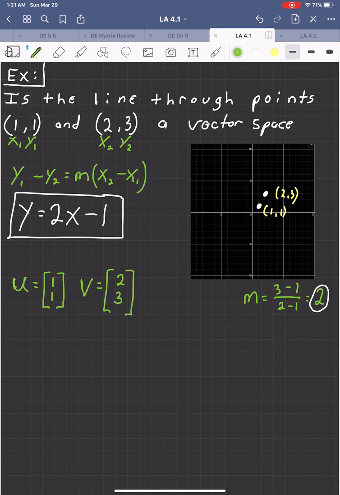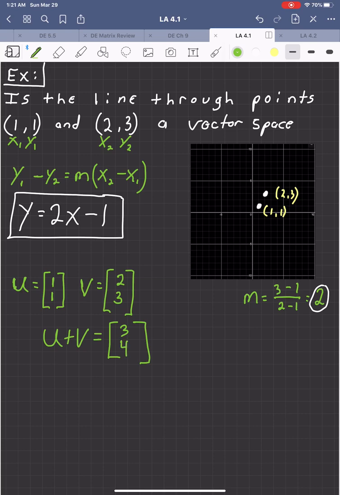And now, to say that it has closure under addition would mean that u plus v must also be on that line. Right? So u plus v must also be on the line y equals 2x minus 1. So what is u plus v? Well, 1 plus 2 is 3, and 1 plus 3 is 4.